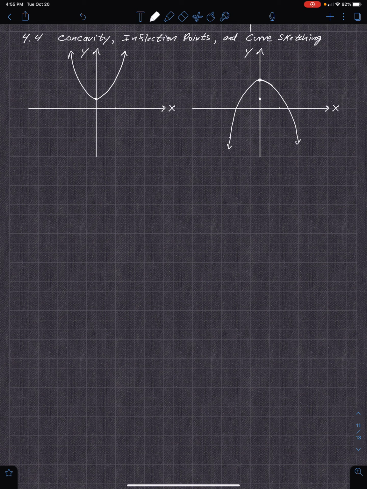We're going to do two descriptions. The first description is, for the left-hand side, if you look at tangent lines, the way it's drawn, all tangent lines are below the graph.